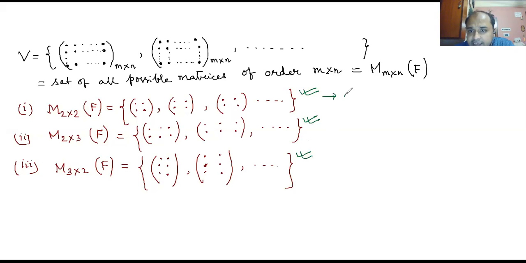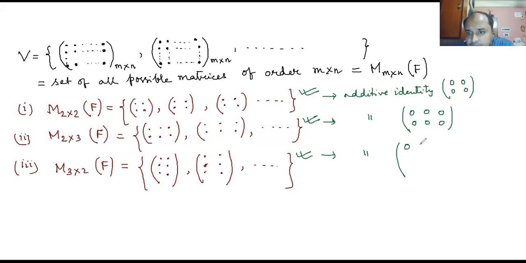Here the additive identity is the zero matrix, here the additive identity is like this, and here the additive identity like this, and so on.